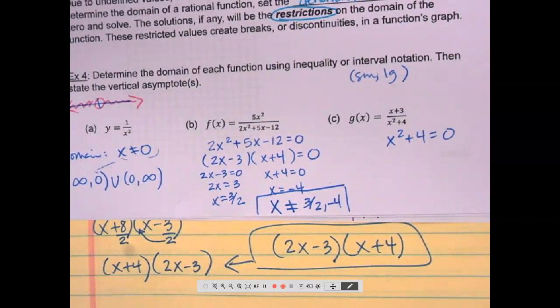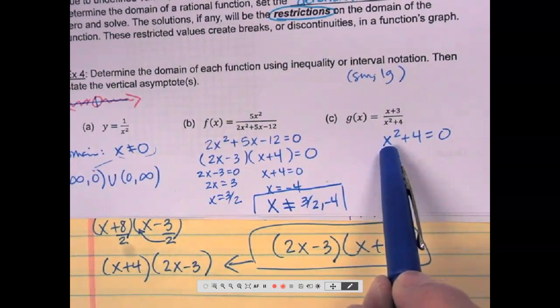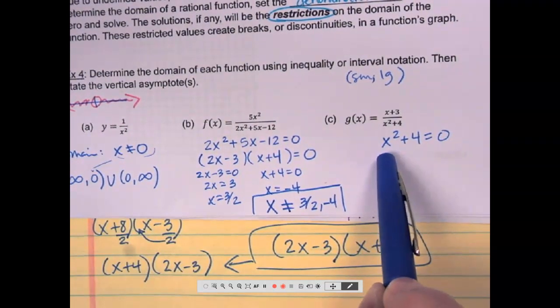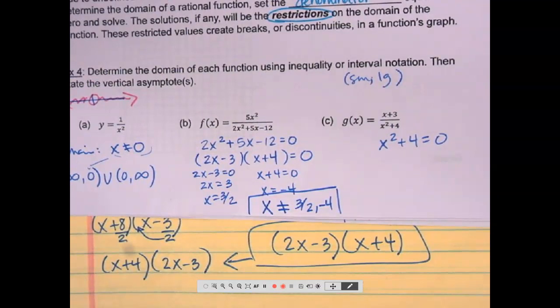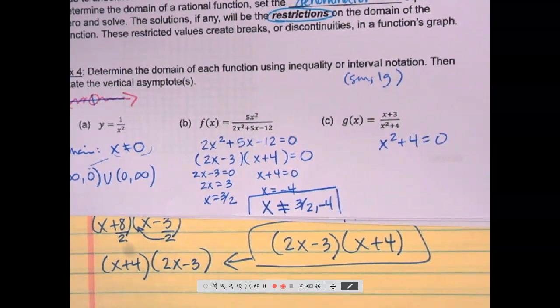All right, what makes this 0, guys? I keep hearing -2, but what do I get when I square -2? What's 4 plus 4? Not 0. 2. Okay, what's 2 squared? What's 4 plus 4? Okay, what makes this 0? Nothing.